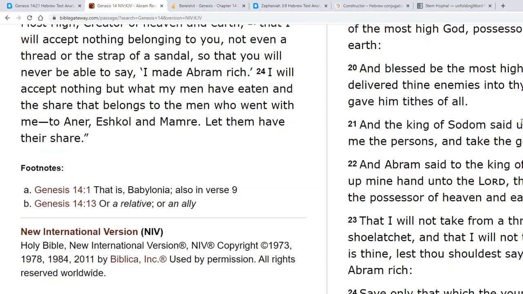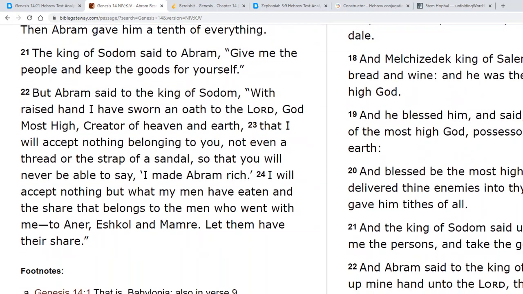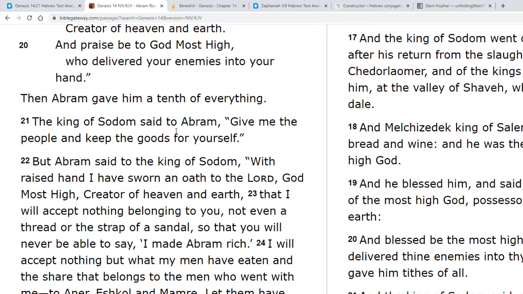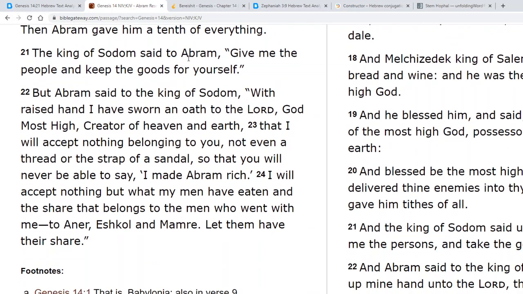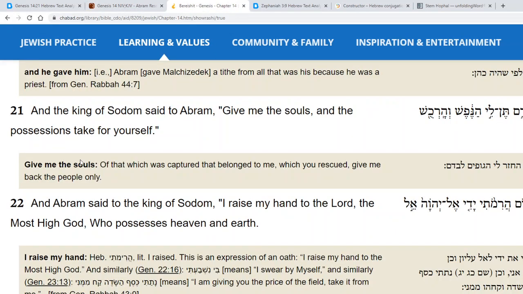And the king of Sdom said unto Abram, give me the persons and take the goods to thyself. Yeah, to thyself. The thing is that thyself is feminine. Okay, verse 21. The king of Sdom said to Abram, give me the people and keep the goods for yourself. Chabad: and the king of Sdom said to Abram, give me the souls and the possessions take for yourself.